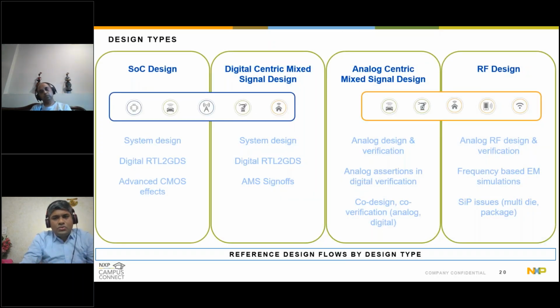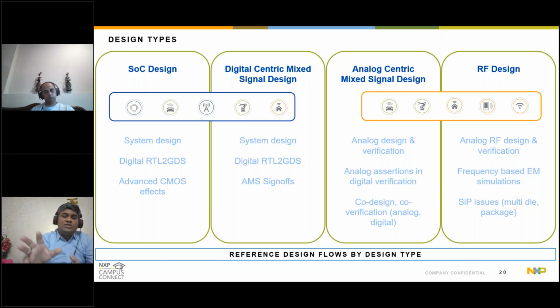Now this is why you should also be cognizant of the fact that there are different design types. Okay? SOC design, although the topic today is SOC design flow, SOC itself can be of different flavors. It could be a completely large SOC or digital design, or it could be a digital-centric mixed signal design where it is primarily digital, but you have a substantial amount of analog components.